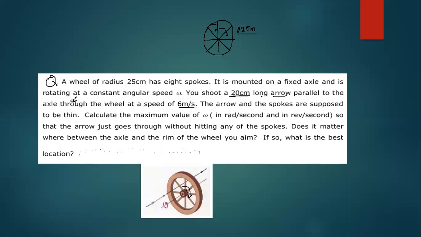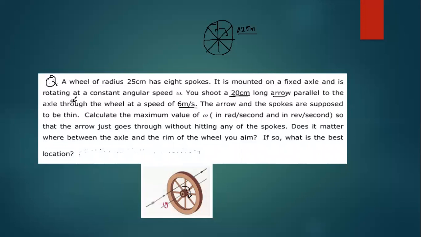Then you shoot a 20 centimeter long arrow parallel to the axle of the wheel at a speed of 6 meters per second. The arrow and the spokes are to be thin, so that we can neglect the thickness of the arrow and the spokes.